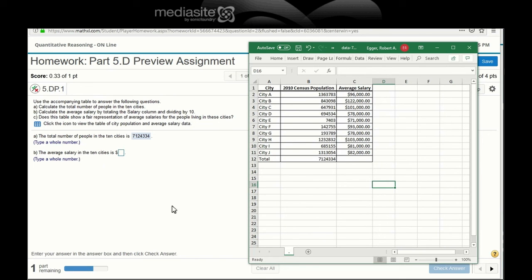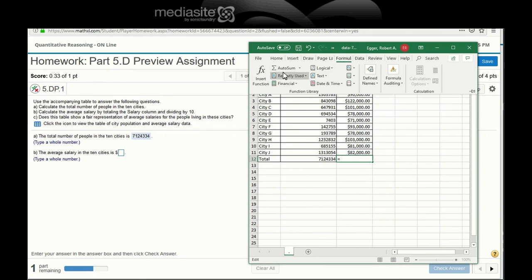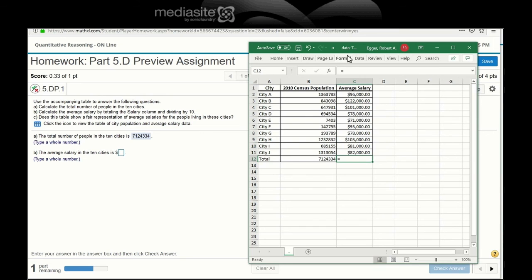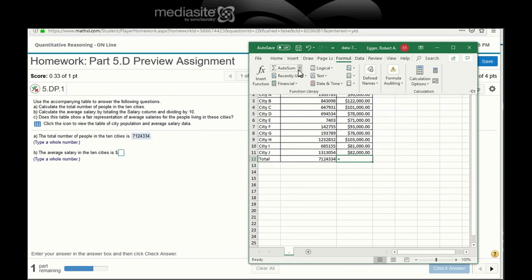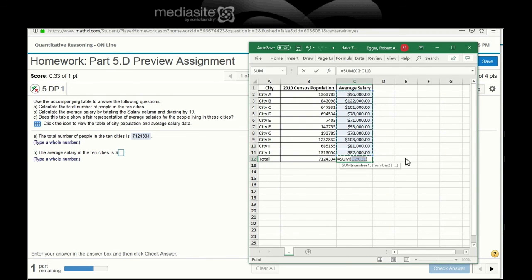So average salary. First, let's sum up that column. Again, equal, formula, sum. Double click. Okay, so C2 to C11. Enter.